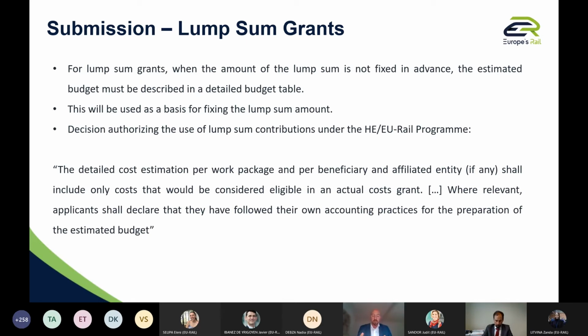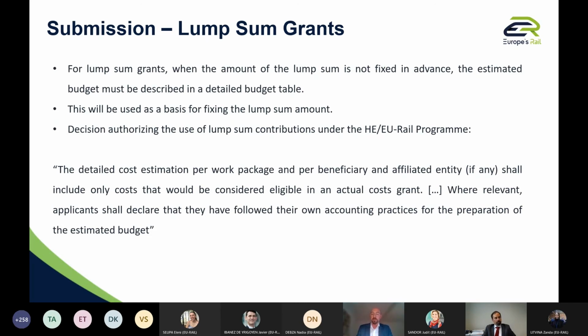That means that when you have to build your proposal and establish the amount of money that you are budgeting for the activities associated to the grant agreement, you will need to prepare an estimated list of costs, which is taking into consideration the principle of how the cost would be eligible under standard Horizon Europe grant agreements.